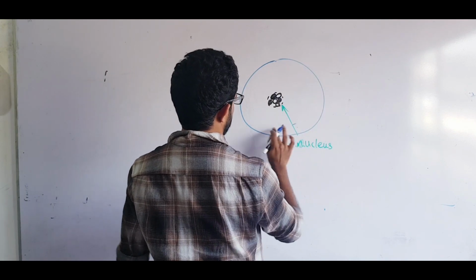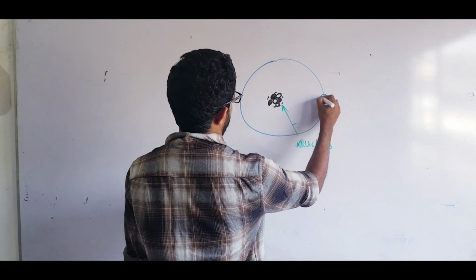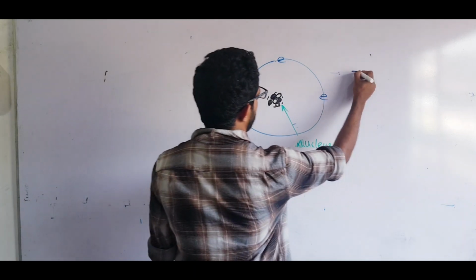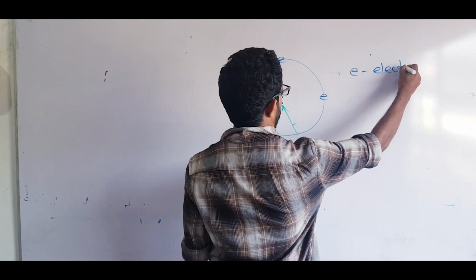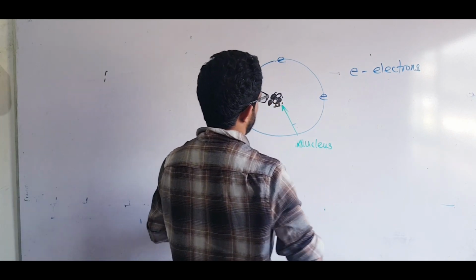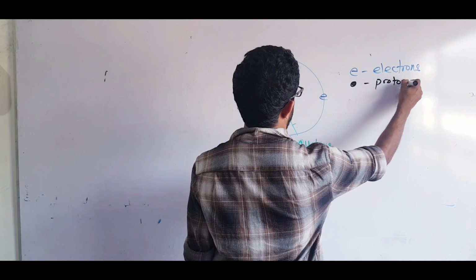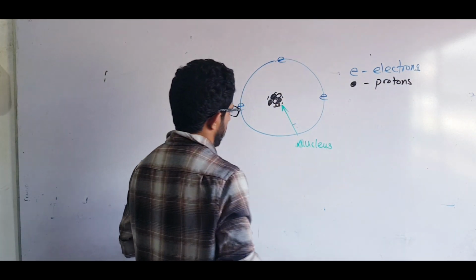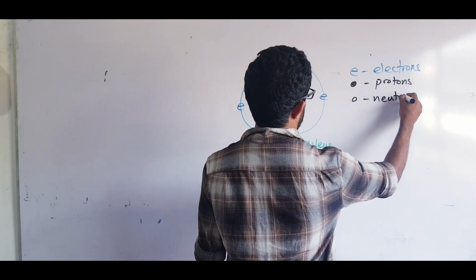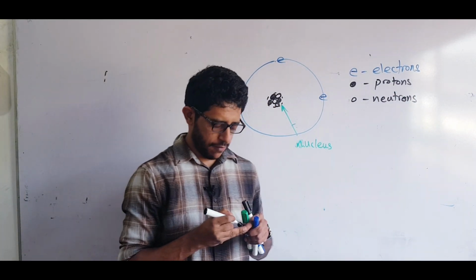Roughly I will draw this, and in the electronic shells we have electrons. So, e means electrons, and this is, let us say, a proton, and the other ones are neutrons. These are very common, very basic stuff that you should know by now.